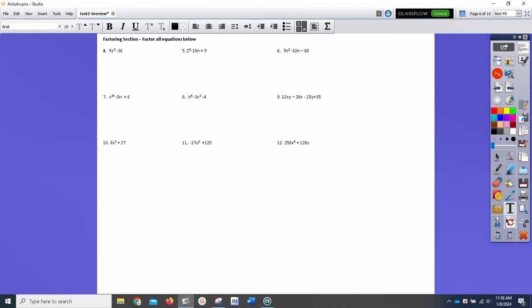All right, what's 7? 7's kind of funky. x to the 2n minus 5 to the n plus 6 is supposed to be factored. This has a typo, and I need to fix that. That little piece is supposed to be minus 5 to the n.